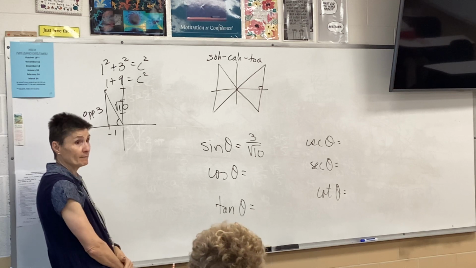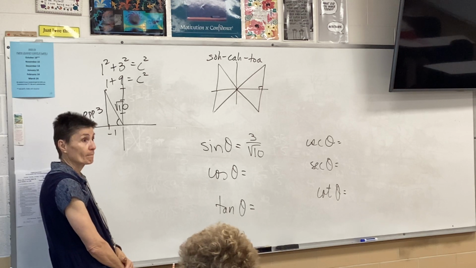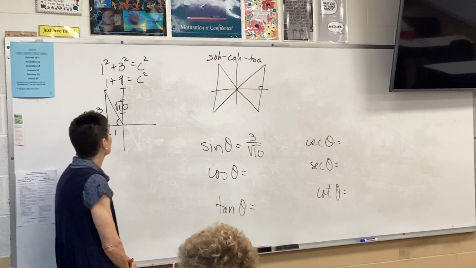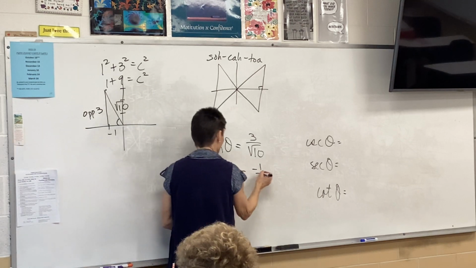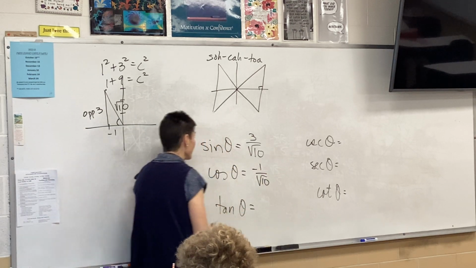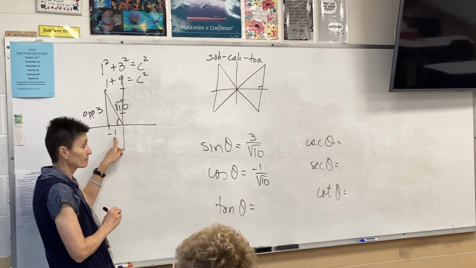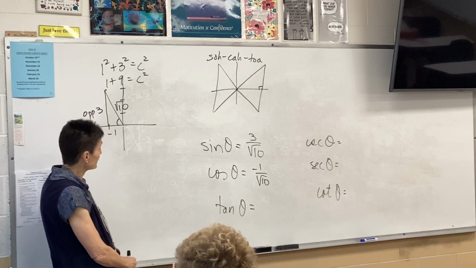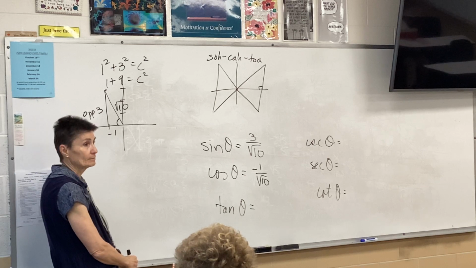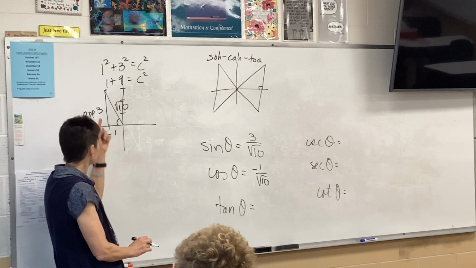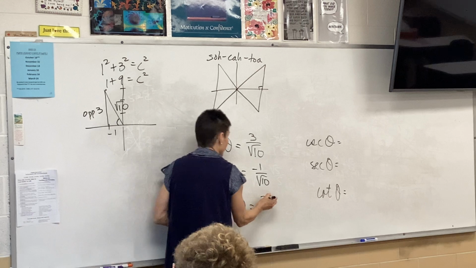What's cosine? Adjacent over hypotenuse, so that one's going to be negative because the adjacent side is -1. And then the tangent is opposite over adjacent, so that'll be 3 over -1.